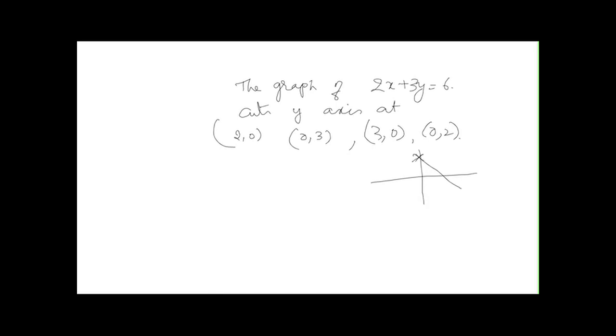Supposing it is cutting here. 0, 2, ma'am. You have to put x as 0. So 3y equal to 6, y equal to 2, ma'am. 0, 2. Correct.